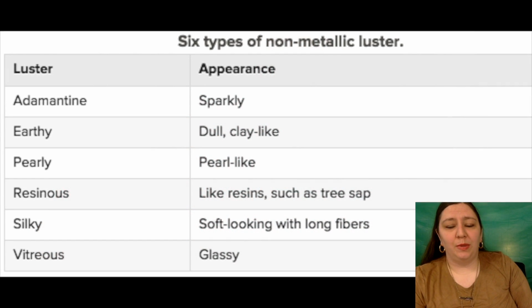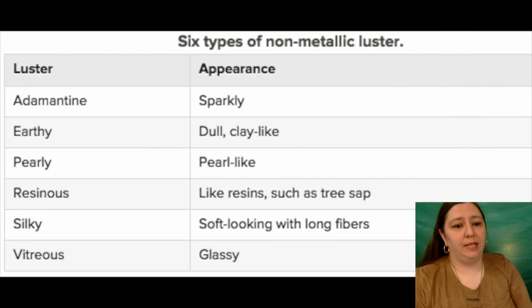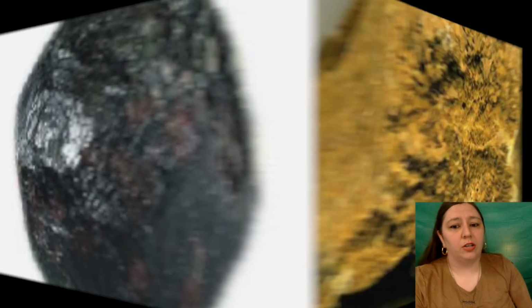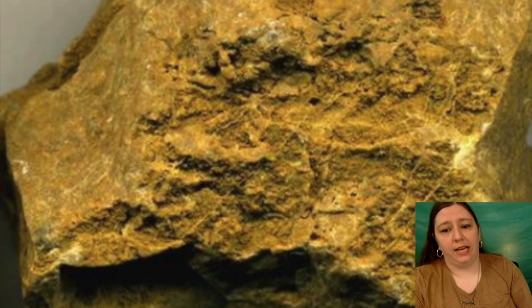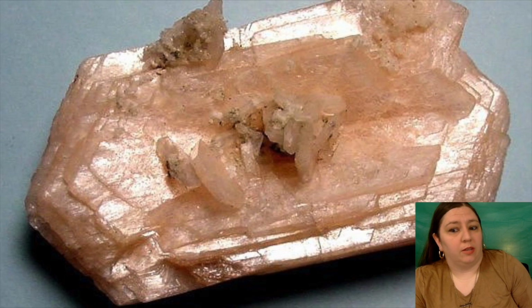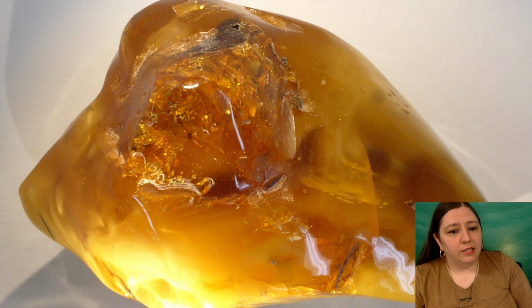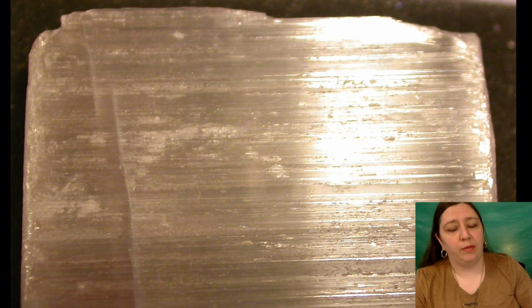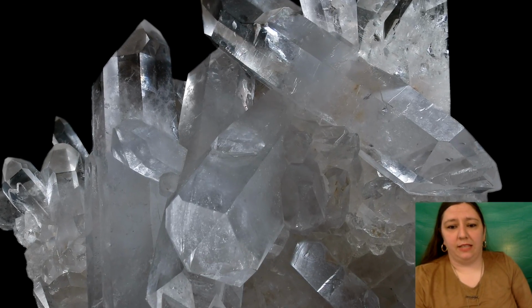Different types of non-metallic luster are described in this table. So the 6 main types of non-metallic luster are adamantine, which is sparkly, earthy, which is dull or clay-like, pearly, which looks like a pearl, resinous, which is kind of like tree sap, silky, which is soft-looking with long fibers, or vitreous, which is a glassy look.